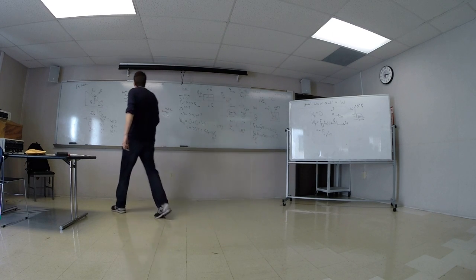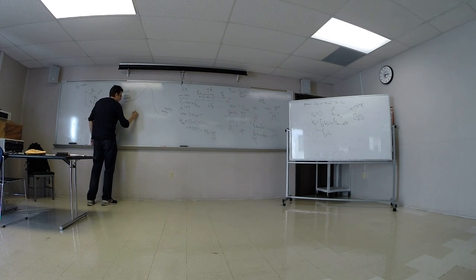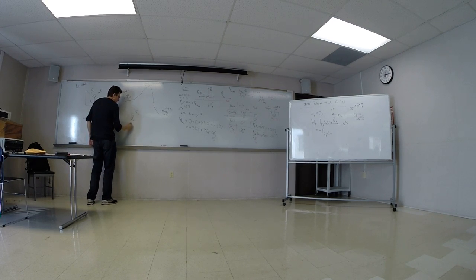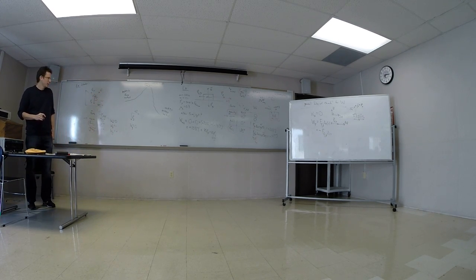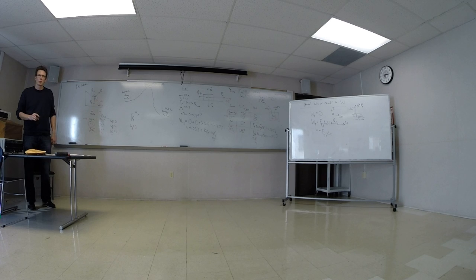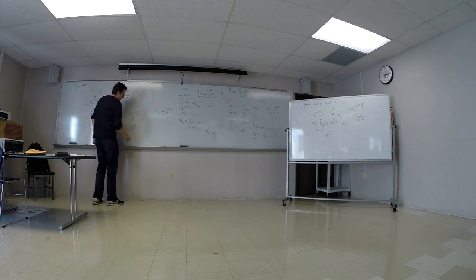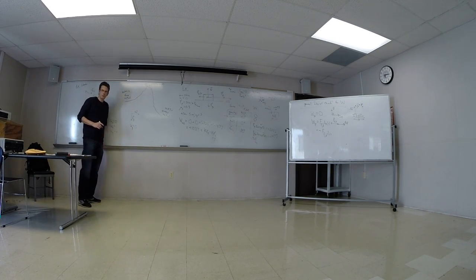So if you're moving horizontally, well, gravity always acts vertically, so the work will be 0. Gravity has no opinions about your kinetic energy when you're moving horizontally. That was like our first example.